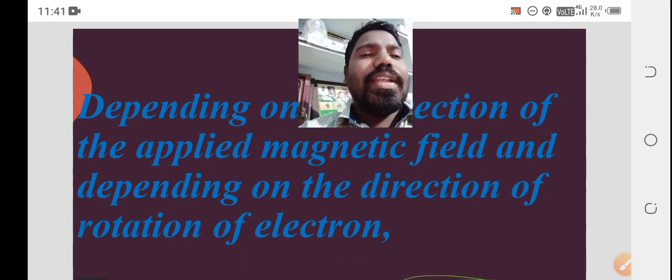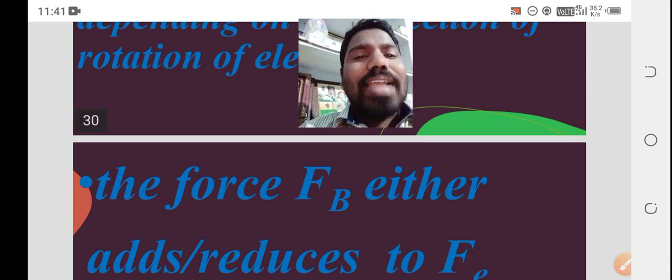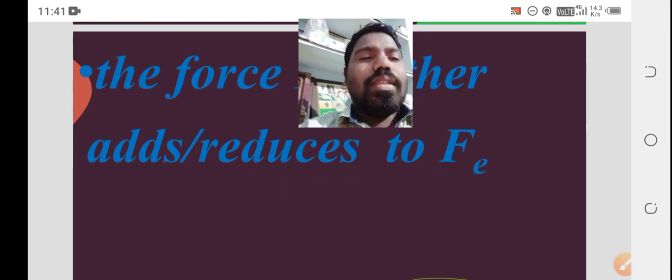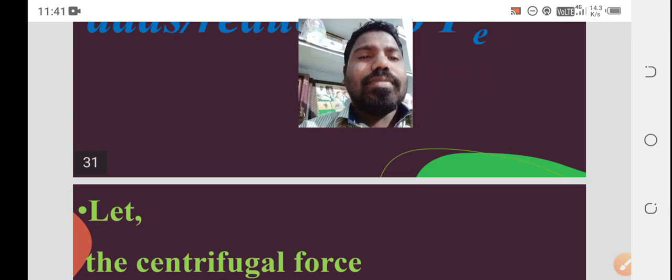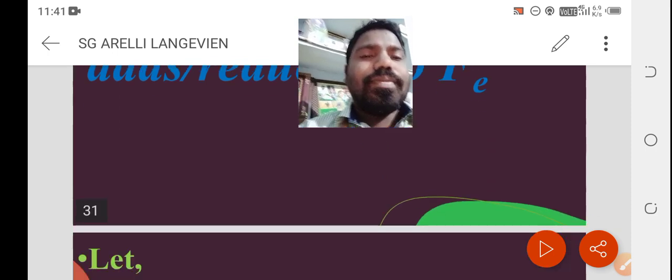Because of these two conditions, the force FB is either adding to or reducing Fe. That means FB is plus or minus Fe, which you can take as equation 2.